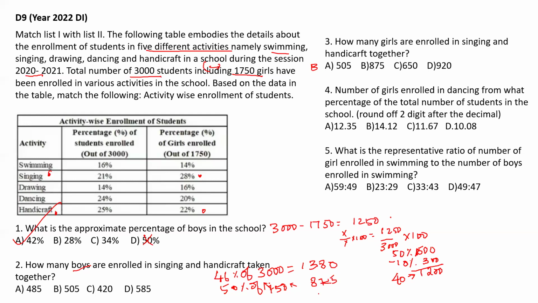So if you find out the difference, that will be your answer. So here 1380 minus 875. If you find out the difference, the answer would be 505.